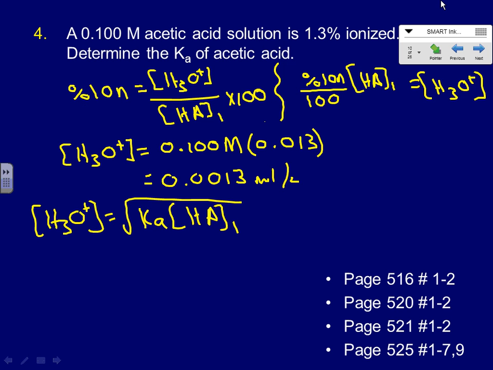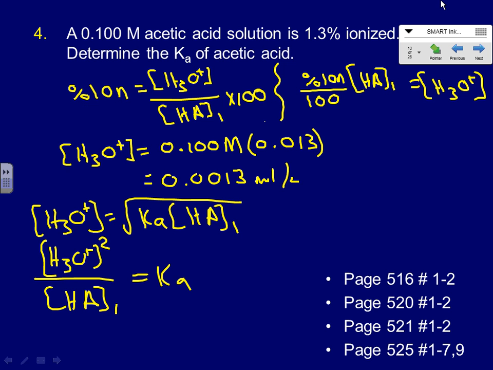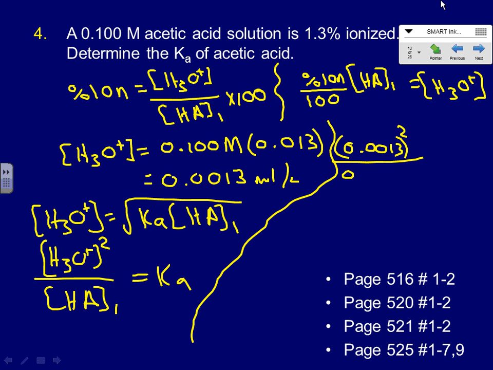Square that guy, bring down the HA: H3O plus squared over HA initial equals Ka. 0.0013 squared over HA initial, 0.100, equals Ka.